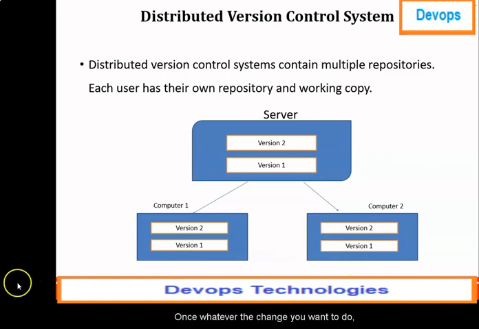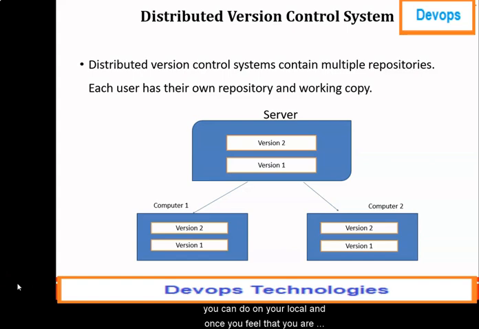Whatever changes you want to make, you can do locally, and once you are complete with your testing and all the changes, you can push them back to the main repository. Similarly, developer 2 can make his own code changes and later push them directly to the server.